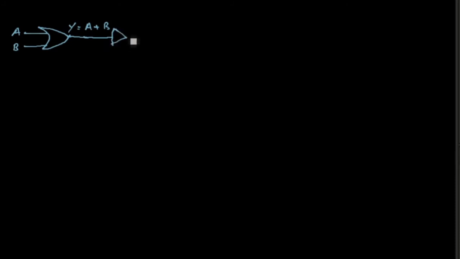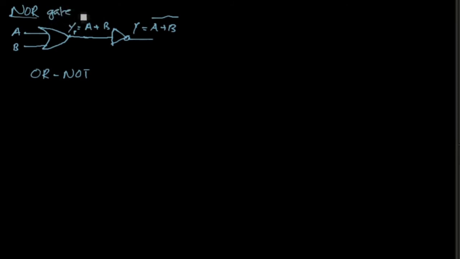The output of the OR gate is given to a NOT gate. Then suppose this is Y1, then the actual output Y will be A or B all complement. This is an OR plus NOT gate, which is called a NOR gate.